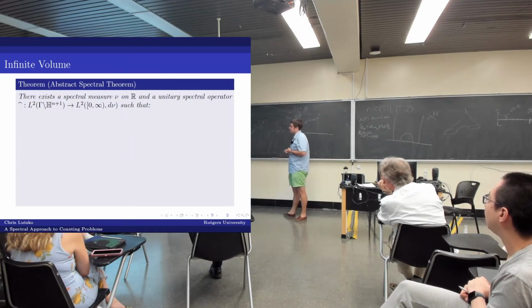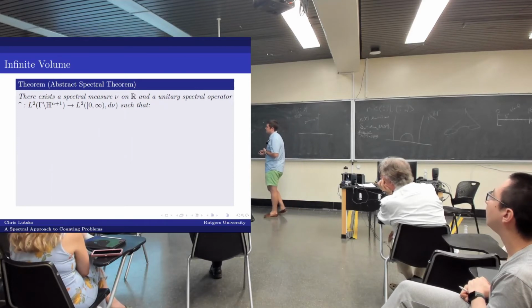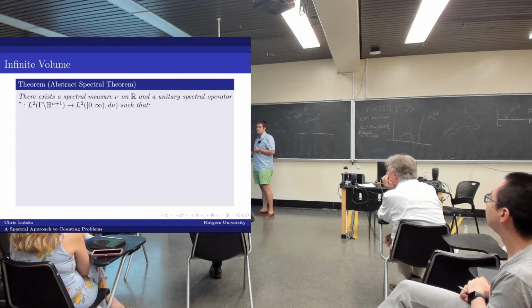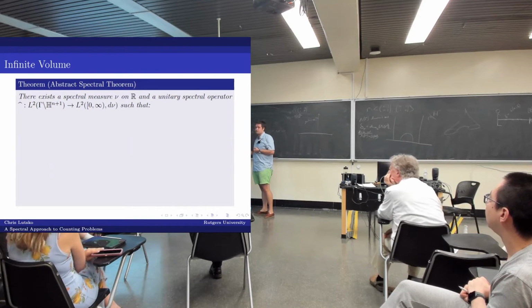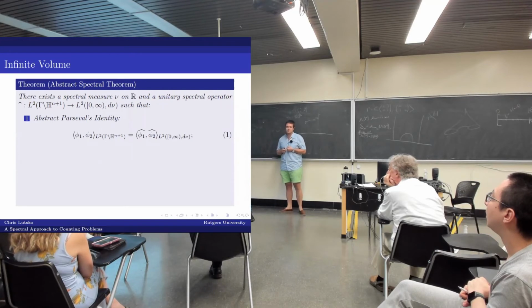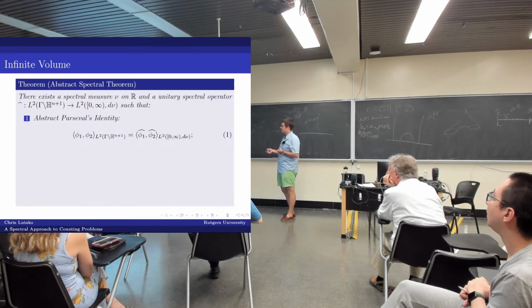And it satisfies properties, and they're really powerful. It satisfies Parseval. It tells you that an L2 inner product in the hyperbolic world is the same as the L2 inner product on the spectral side of the spectral transforms. It plays nicely with the Laplacian, namely the spectral transform of the Laplacian applied to p, evaluated at a point lambda, is lambda times the spectral transform.